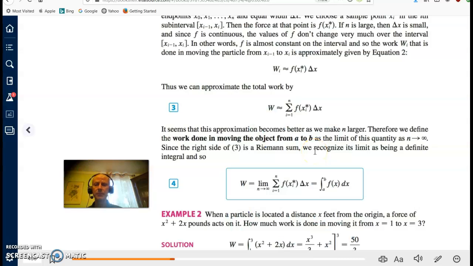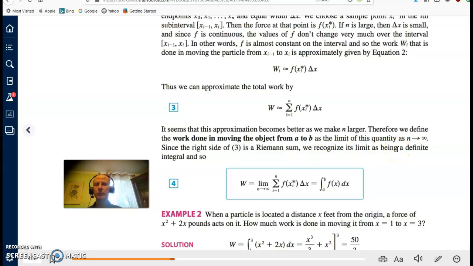Now you get a really nice formula in the situation where you have an object moving along a straight line and a force is being applied to that object, but the force applied depends on the position of the object. So if f of x gives the force applied to the object at position x, then finding the total work done can be done in the classic calculus way of dividing the interval over which the object is traveling into subintervals.